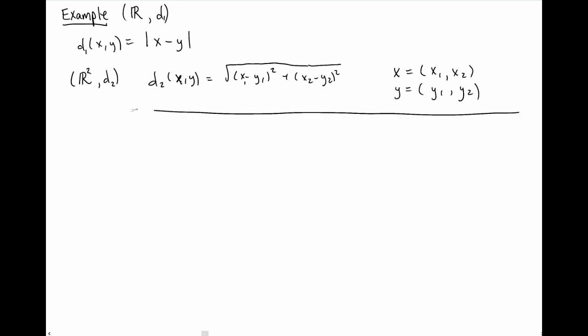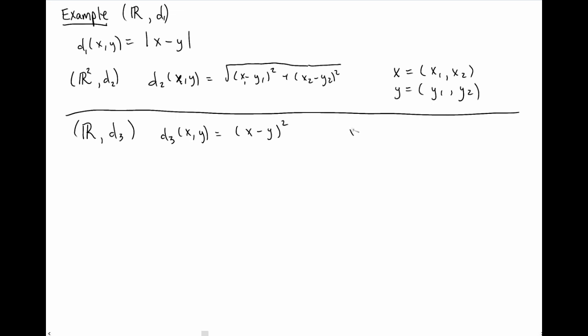So now that we have two basic examples, we show something that is not a metric. So for example, if we have our real numbers and a metric defined like this, (x minus y) squared. So we can just check our points.